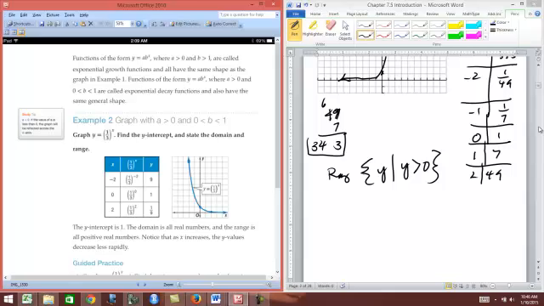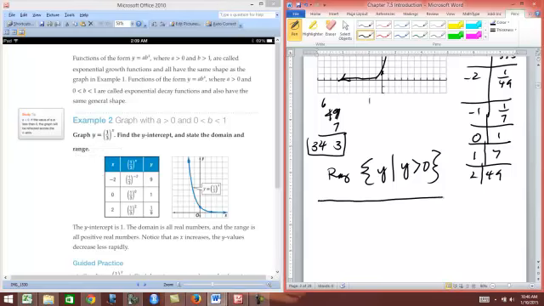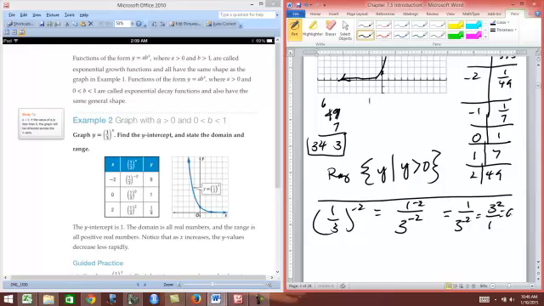So let's look at this example right here. Y equals (1/3) to the x. Okay, a is 1. B is 1/3. So when x is -2, we're going to have (1/3) to the -2, which equals 1 over 3 to the -2, which equals 3 squared over 1, which is 9.